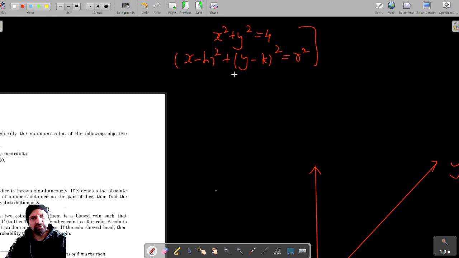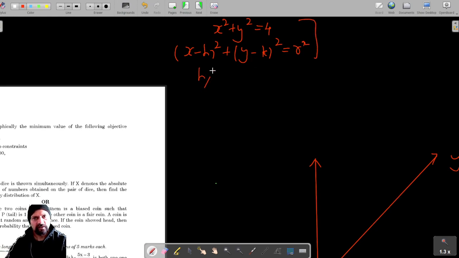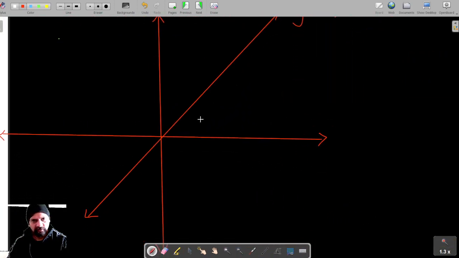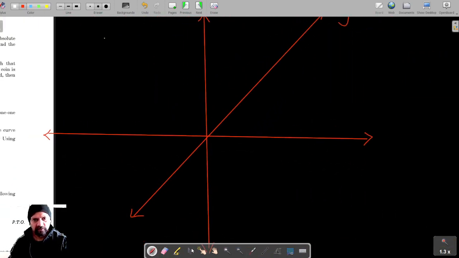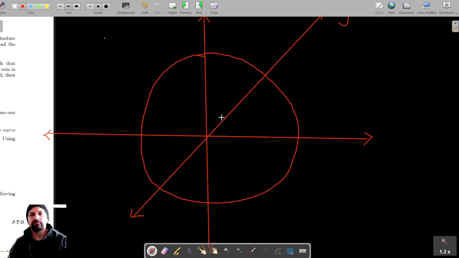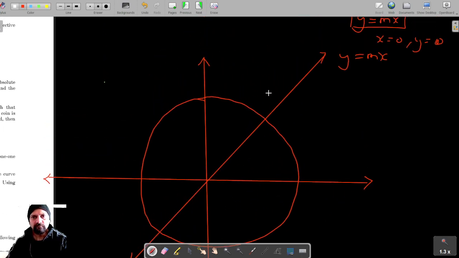If we compare these two equations, h and k both are 0 and the radius is equal to 2. So let's draw a circle with radius 2 units.